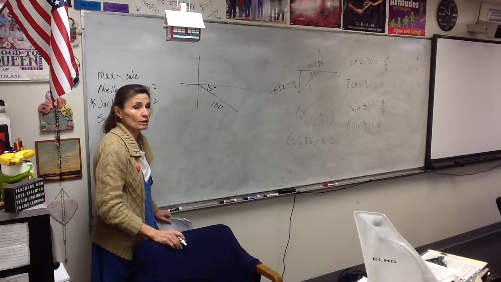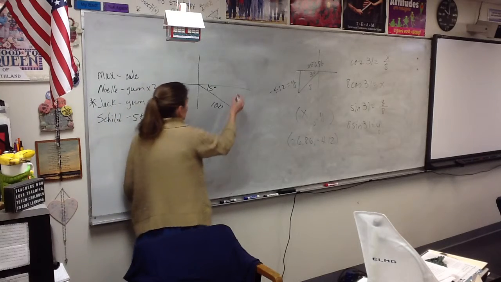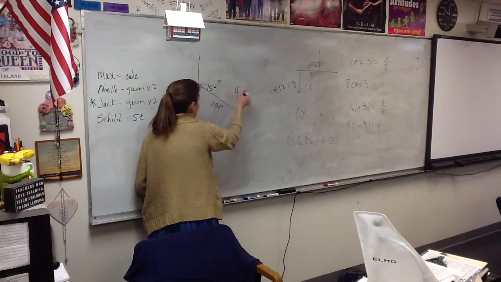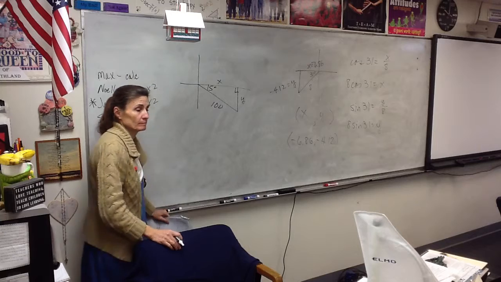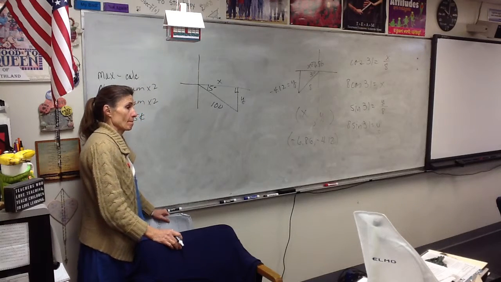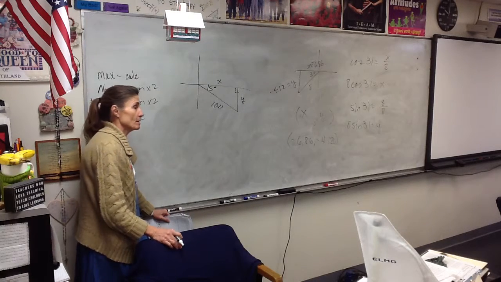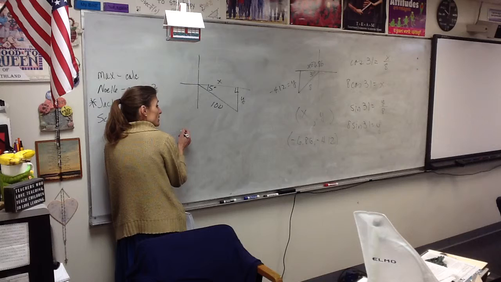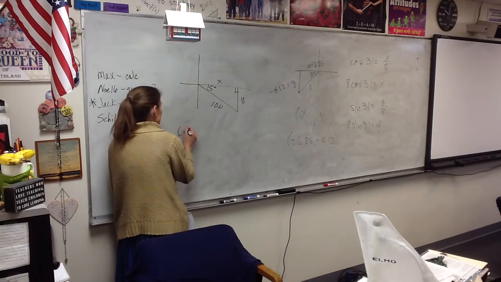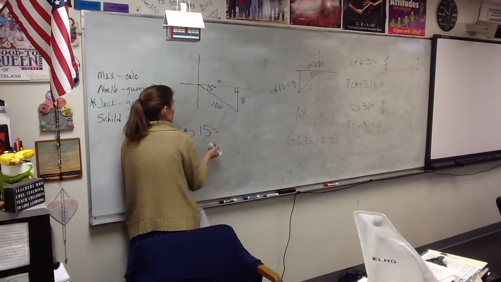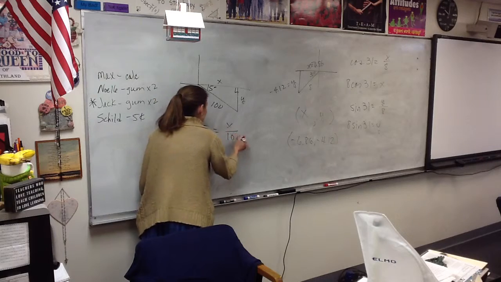What are we looking for? X and Y. Right? So here we go. What am I going to do? Cosine 15 equals x over 100.